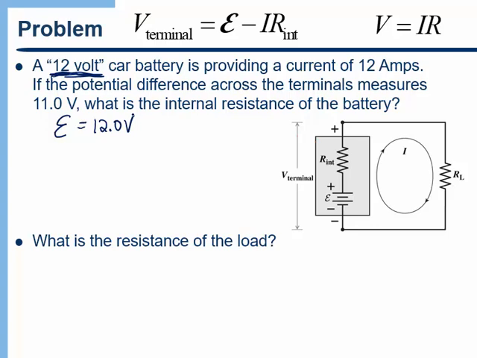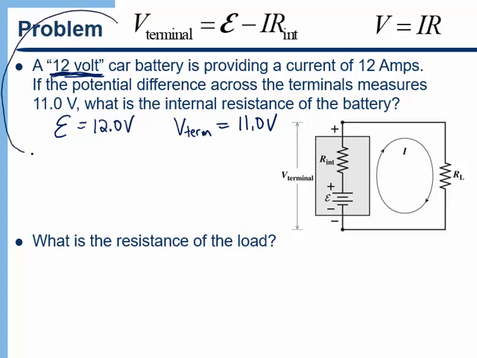The terminal voltage, what we actually measure, V term, I'm just going to write term instead of writing out terminal, is 11 volts. And so now we should be able to take our equation and solve for the internal resistance.